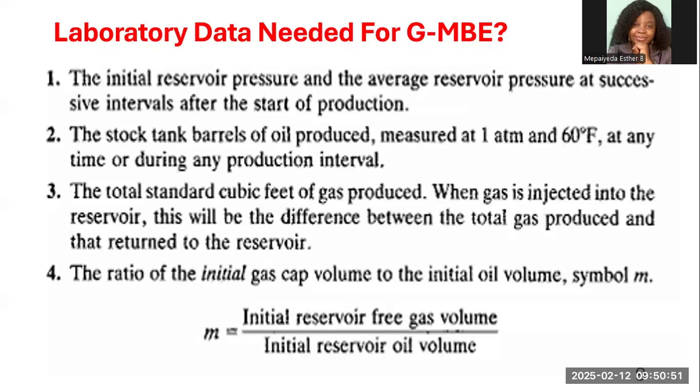Okay, so for your flash, basically, as you drop pressure, you subject the samples of oil taken from the field to reservoir fluid conditions in the laboratory, and then as pressure drops, there is evolution of gas from your oil. If the gas evolved is left in contact with the oil, that is a flash separation.